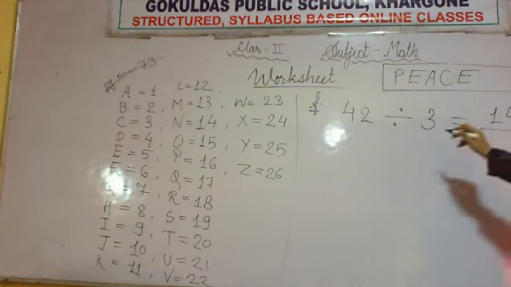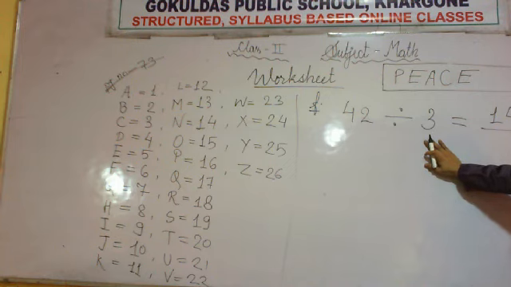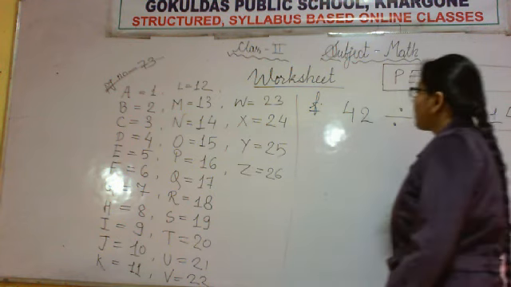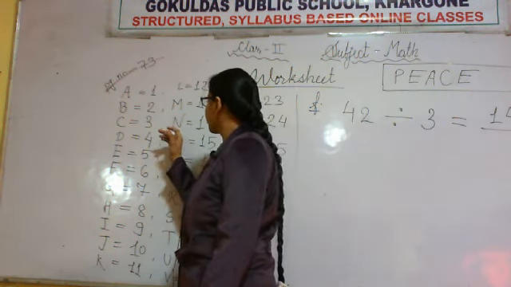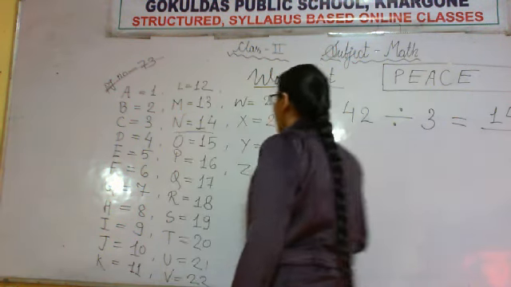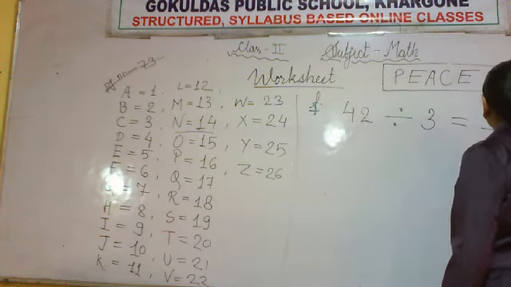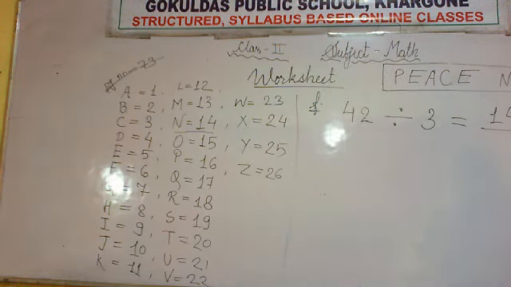So if we divide 42 by 3, then we will get 14. So let's find out the number 14. Number 14 is for N. So here we will write N. So 42 divided by 3 is equal to 14.